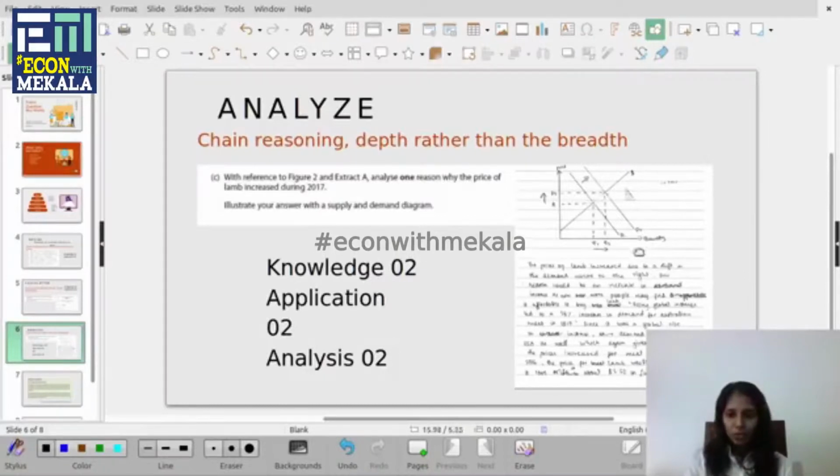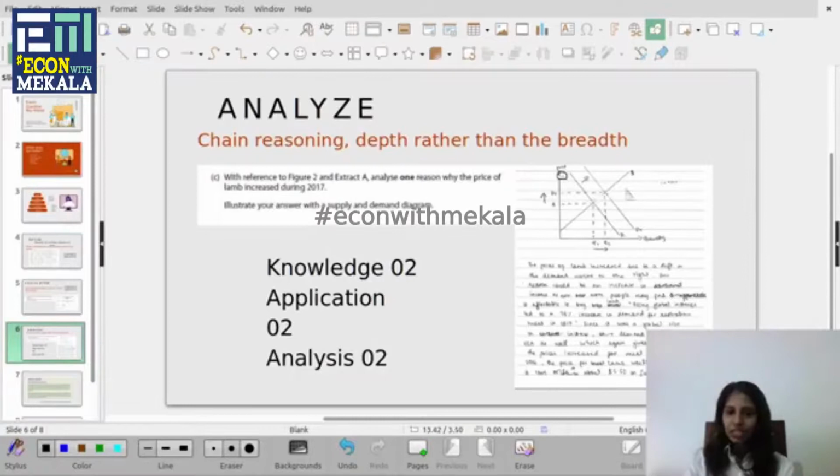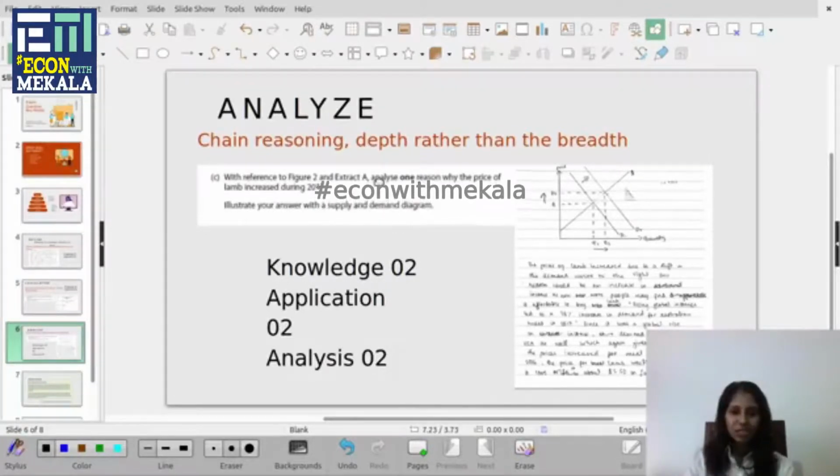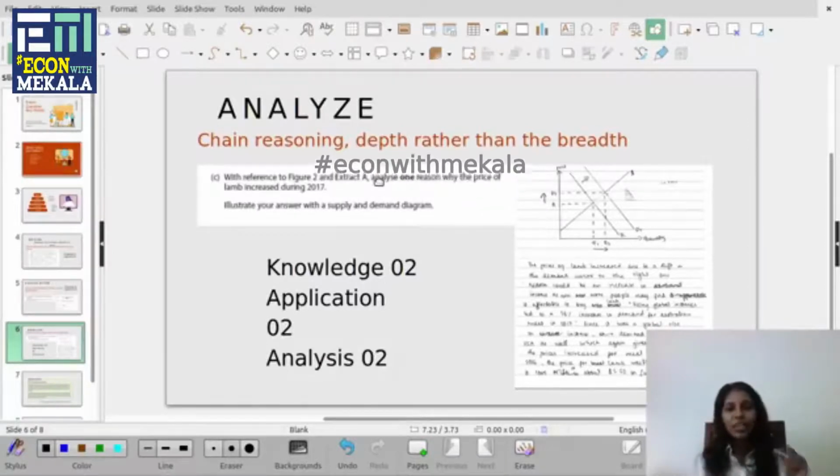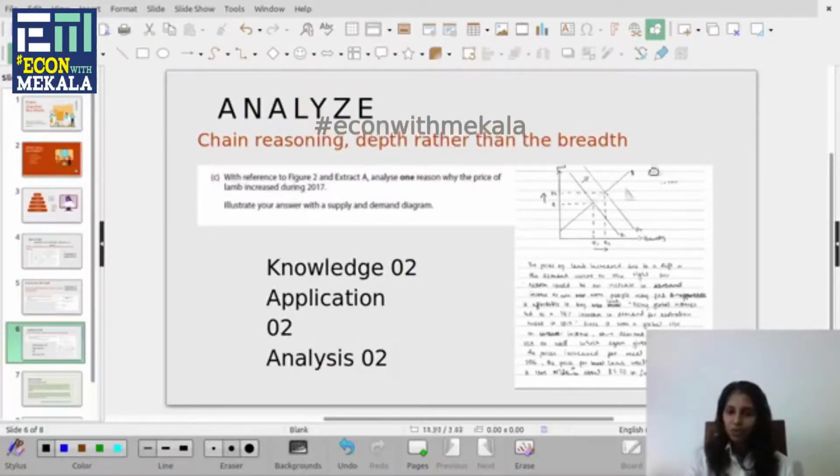And I want to show something important looking at this student's work. You can see he has mentioned price and quantity. Now from the question itself, even though we didn't get a chance to read the case study, you can get an idea what this case study is about. It's actually about the lamp market. So you can customize your y-axis and x-axis according to the information.